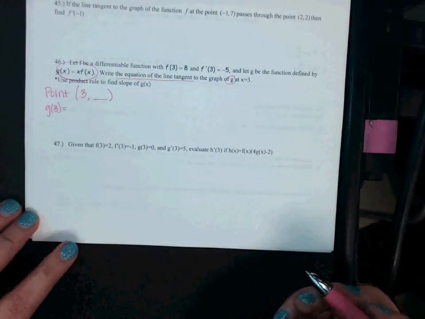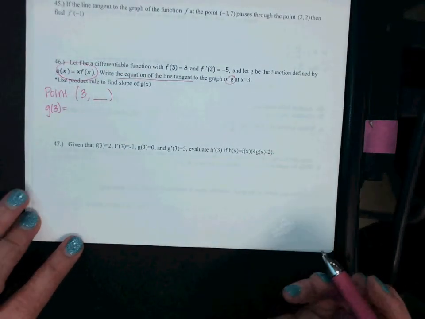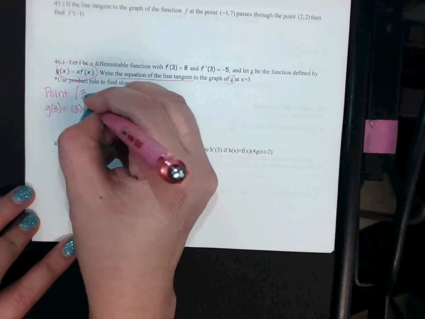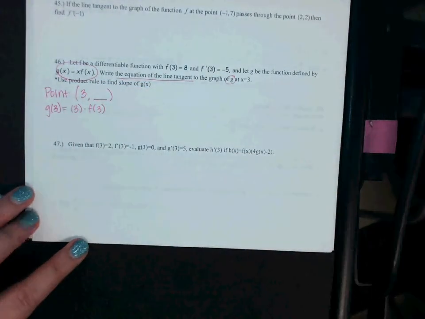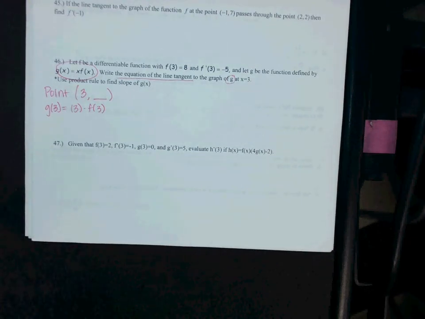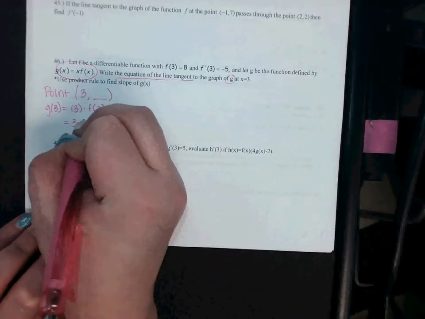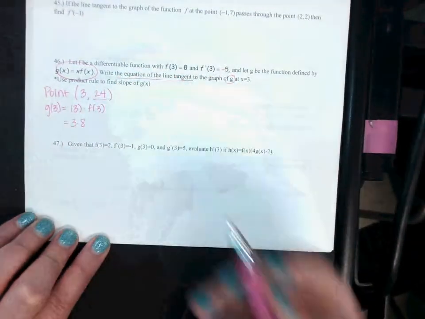So G is not f of x, it's x times f of x. So it'd be 3 times f of 3, because I have an x f of x. Now, what is f of 3? They gave it to you. F of 3 here is 8. So 3 times 8, 24 is my y value.